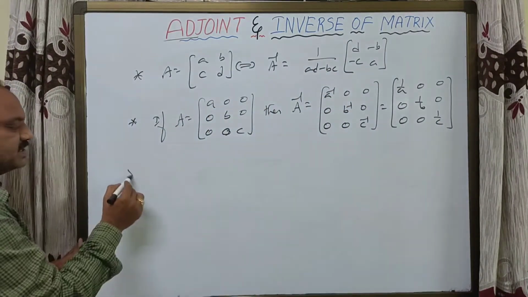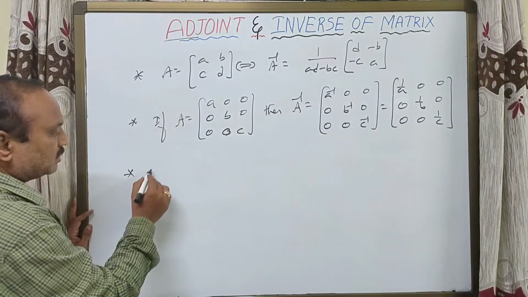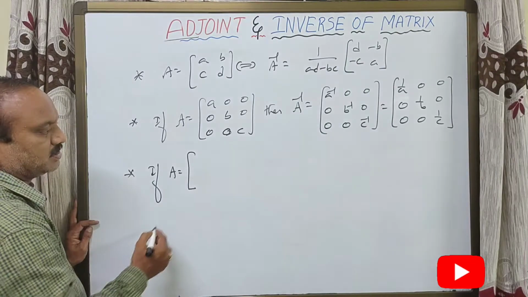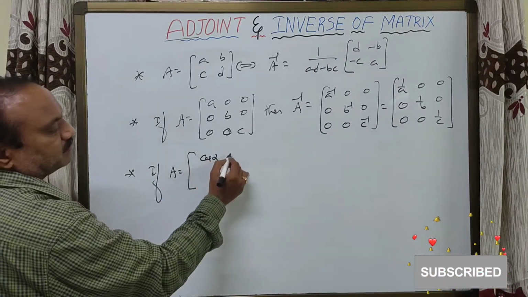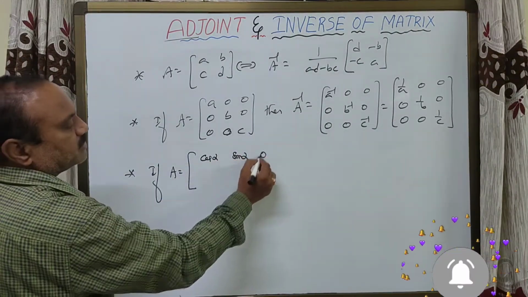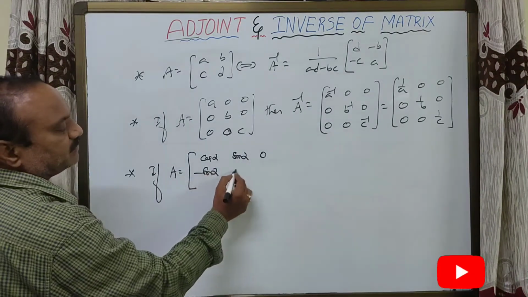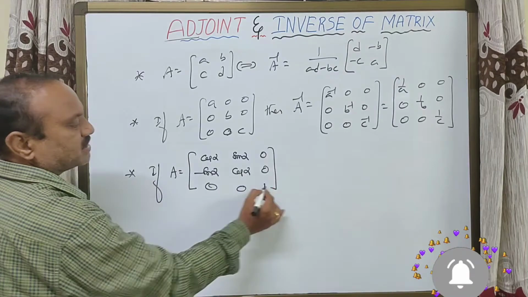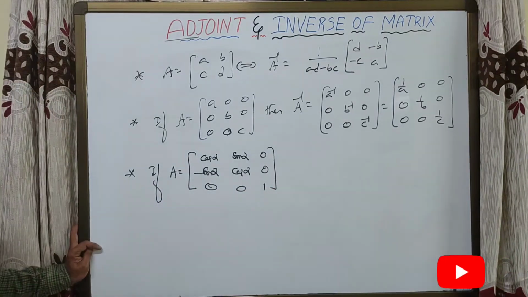Next students, another important point, the orthogonal matrix: cos alpha sin alpha 0, minus sin alpha cos alpha 0, 0 0 1. This is the orthogonal matrix students.